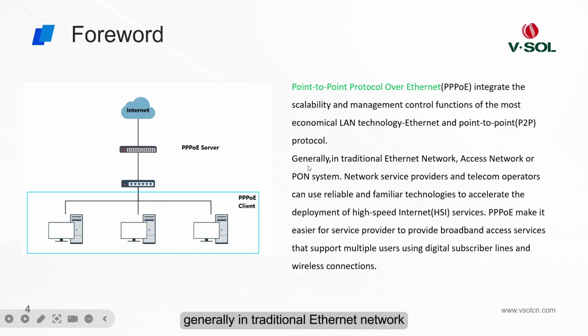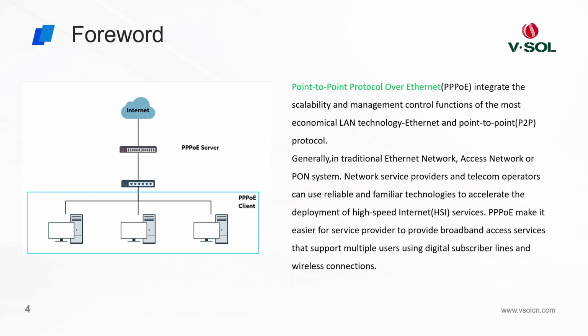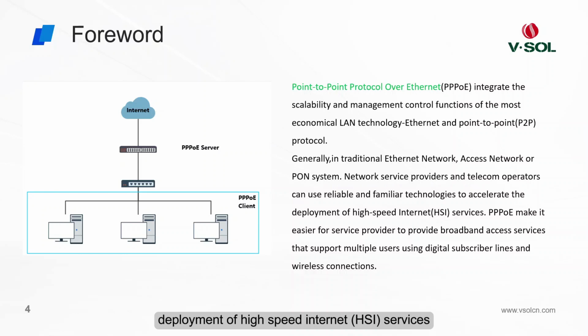Generally, in a traditional Ethernet network, access network, or PON system, network service providers and telecom operators can use reliable and familiar technologies to accelerate the deployment of high-speed Internet (HSI) services. PPPoE makes it easier for service providers to provide broadband access services that support multiple users using digital subscriber lines and wireless connections.